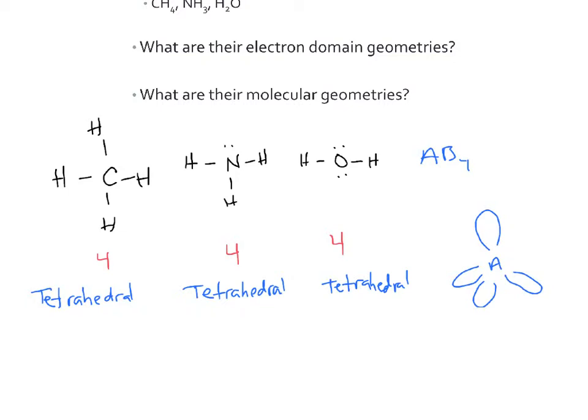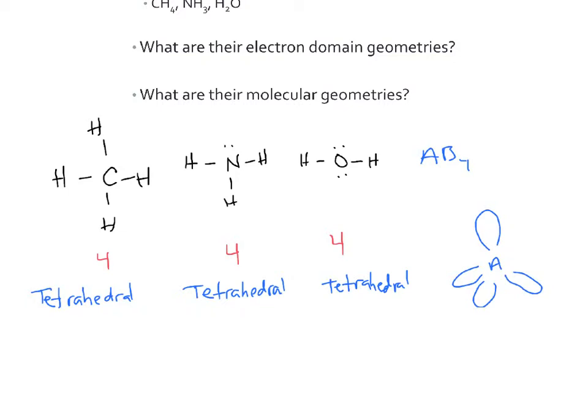All right, CH4 had a Lewis dot structure shown, and it has 4 electron domains. Of those 4 electron domains, how many of them are actually atoms? The answer is all 4 of them. All 4 electron domains are bonded to hydrogen atoms. When your electron domains are all atoms and none of them are lone pairs, the electron domain geometry name and the molecular geometry name are the same.